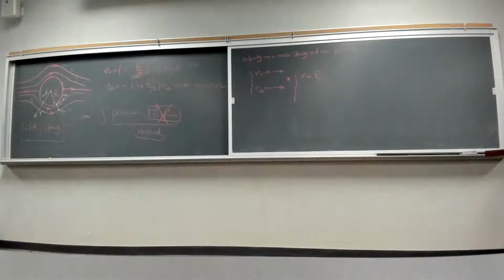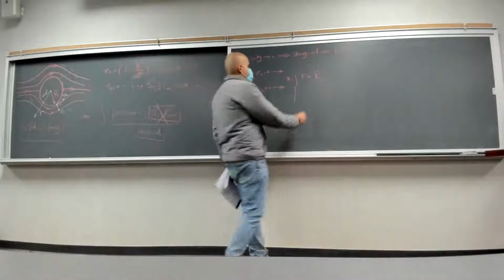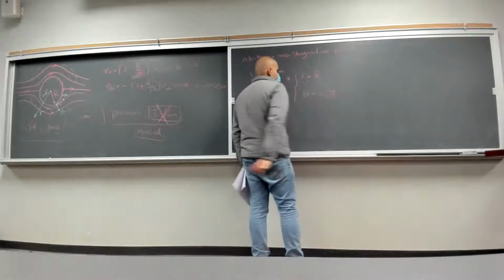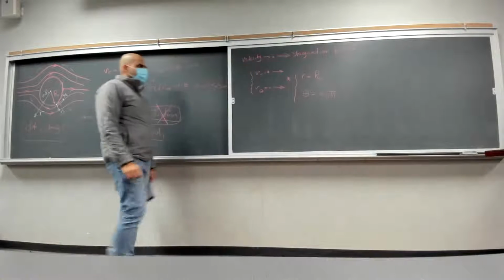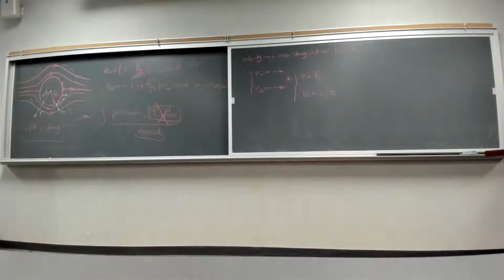But at which point is V theta going to be 0? Pi, right? Exactly. Where sine of theta is 0, which means that your theta is going to be 0 and pi. So there are two stagnation points in this type of flow.